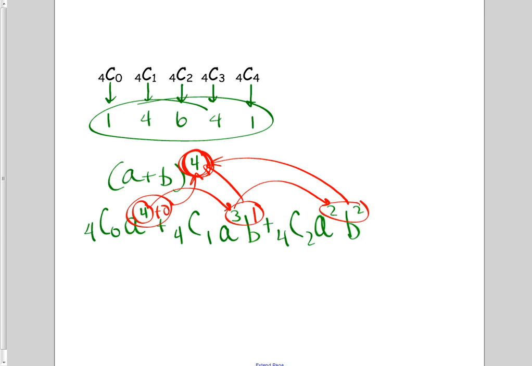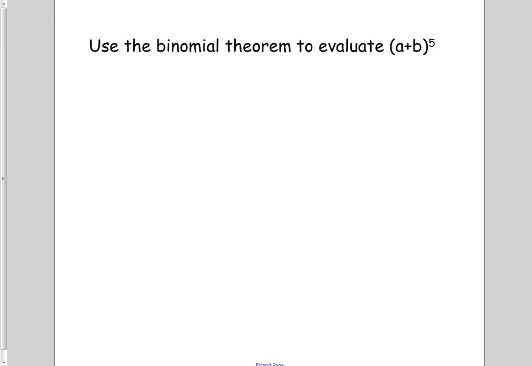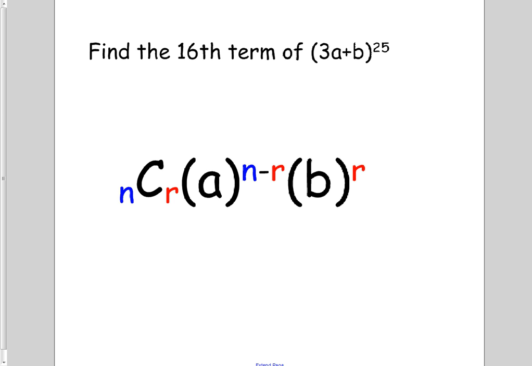This leads us to the last little piece: we can find any term we want of a binomial expansion. In this case, it's saying find the 16th term of (3a plus b) to the 25th power. Super complicated. Even with the binomial expansion, I wouldn't want to run this out to the 25th place because it would take forever.